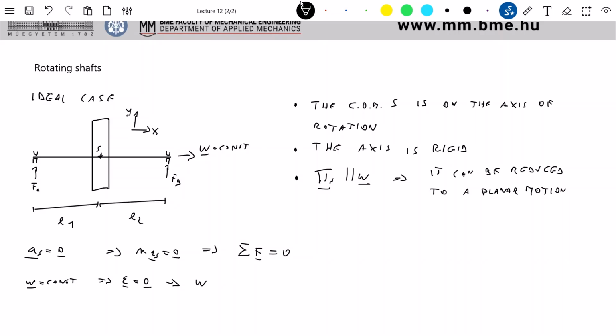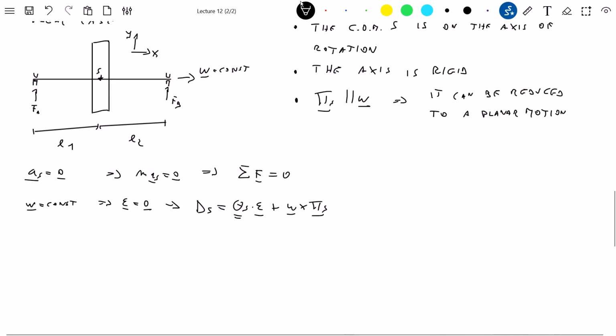Then let's say we have that a_S is equal to d omega over dt, that is epsilon, times r_S plus omega cross product r_S, okay? And now epsilon is 0, so this is 0, and also this is equal to 0, because omega is parallel to r_S, so the cross product must be 0.